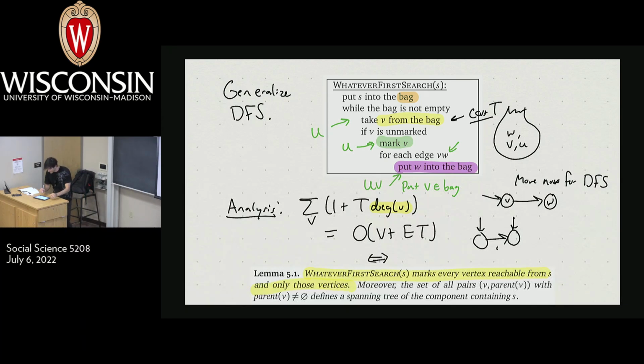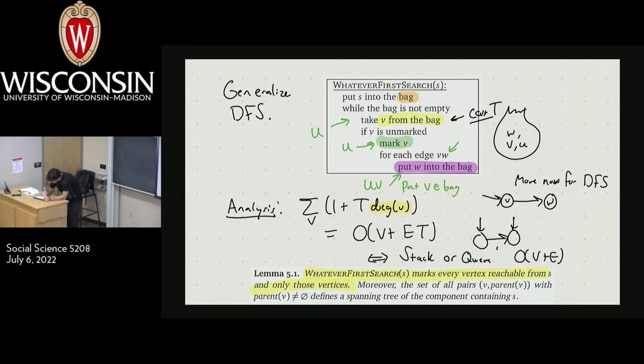If you use a stack or a queue, it'll be O of V plus E. For a stack, you can push and pop in constant time. For a queue, you can add something to the queue and take it off in constant time. So you can get different algorithms depending on the bag that are still linear time. They're just as fast as DFS.